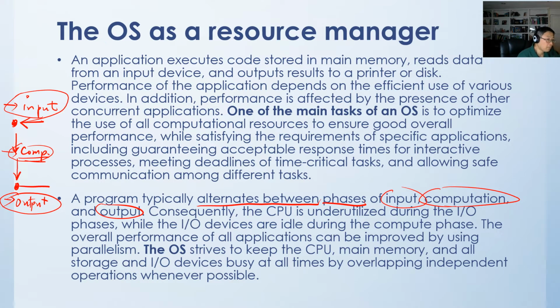Because if multiple programs are running and they conflict with each other, for example one program is using the CPU and the other also wants to use the CPU, it causes conflict. Somehow we should make sure this does not happen. That's why one of the main tasks of an operating system is to optimize the use of these computational resources, and that's the reason why an operating system is also called a resource manager.